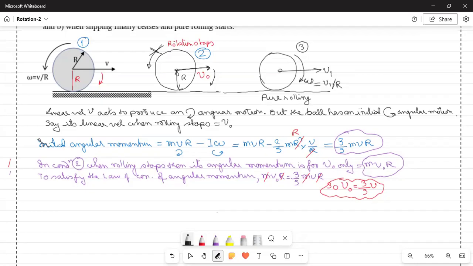With that, what is the net angular momentum in condition 3?